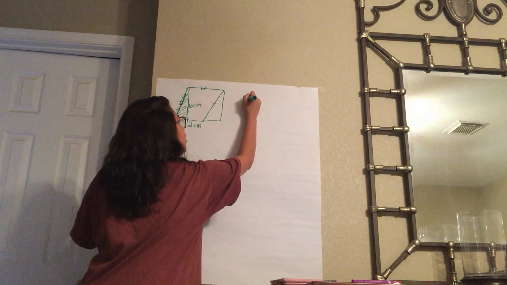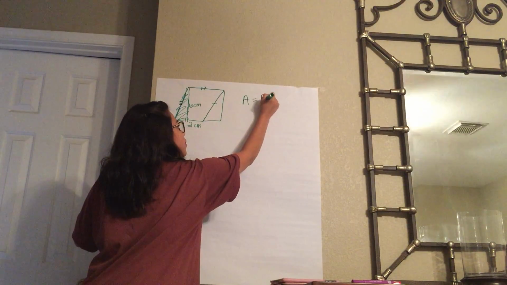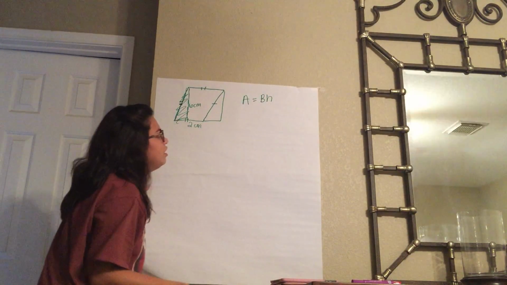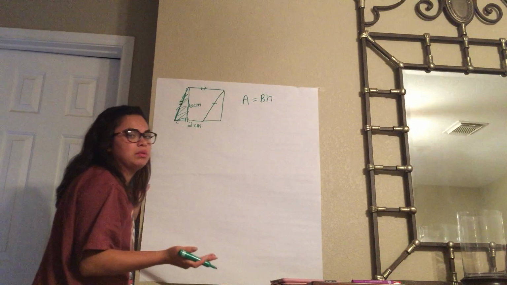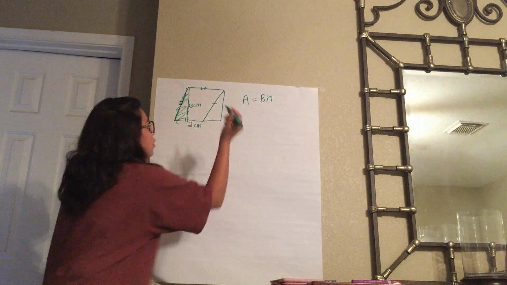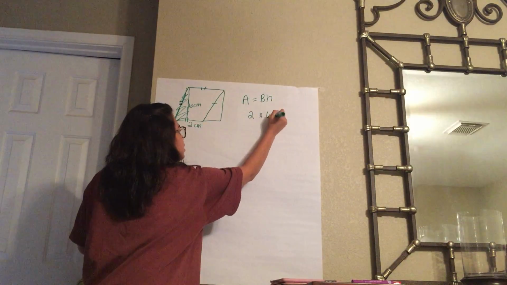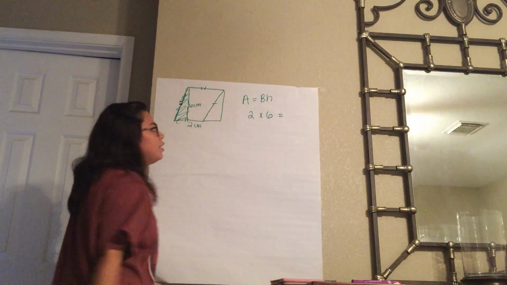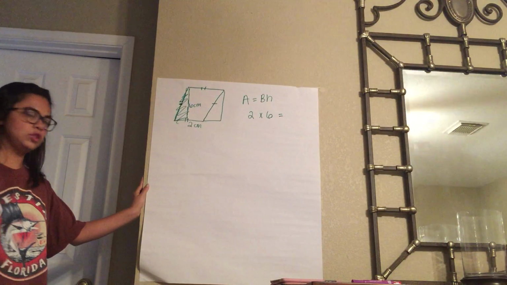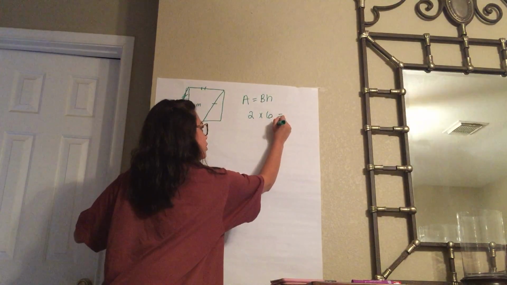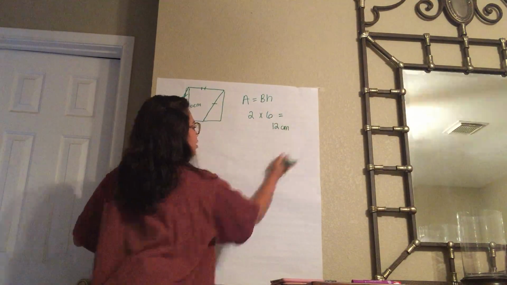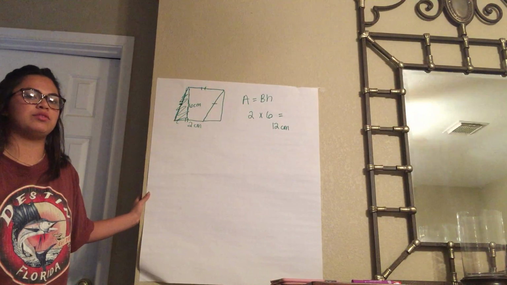Remember, area equals base times height. And this is supposed to be lowercase b, I don't think it really matters. But we're going to do 2 times 6. And that equals what? 12. 12 is right. 12 centimeters. Wow, y'all are getting this really fast.